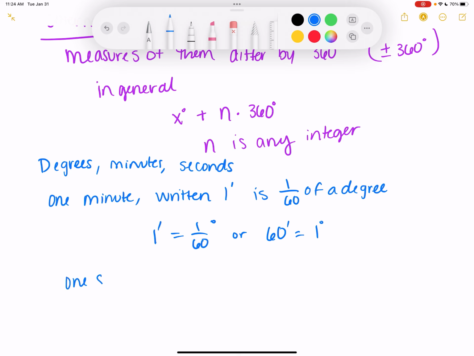And 1 second, written with little quotation marks, is 1/60th of a minute, or 1/3600th of a degree.